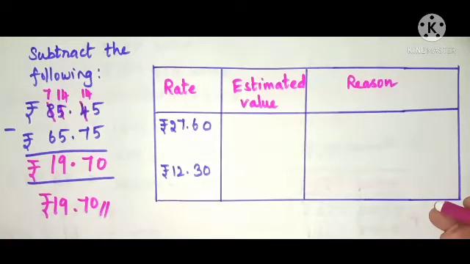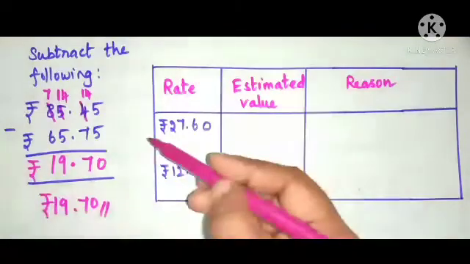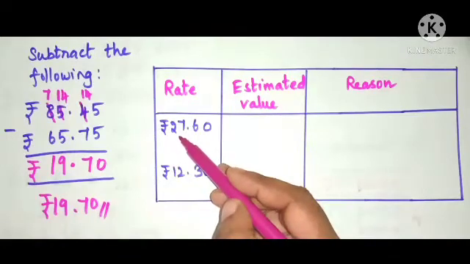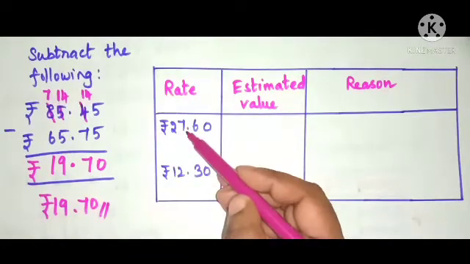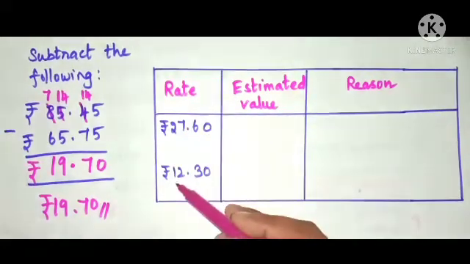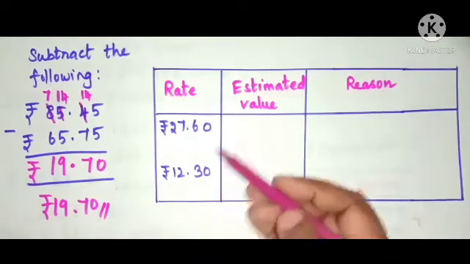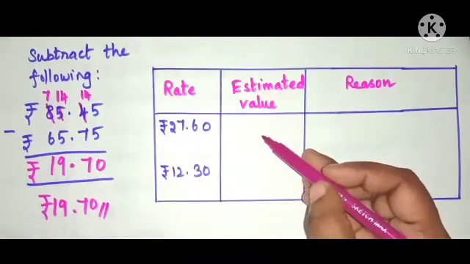Finding the estimation of the given cost. To measure the money accurately, we can use the approximation. Now children, rupees value is given, that is 27 rupees 60 pice, 12 rupees 30 pice. What is the estimated value?